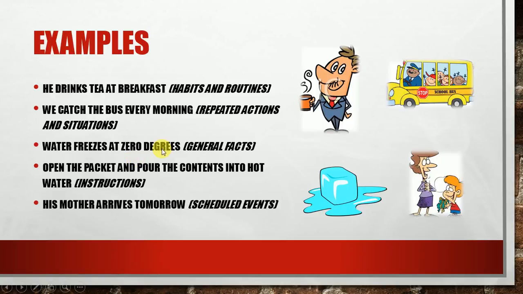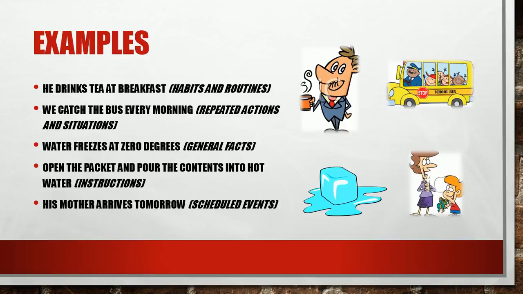We also use it in order to express general facts. For example, the weather freezes at 0 degrees. Here we have a picture allusive to this, where you can see an ice cube that is frozen because the weather freezes at 0 degrees.